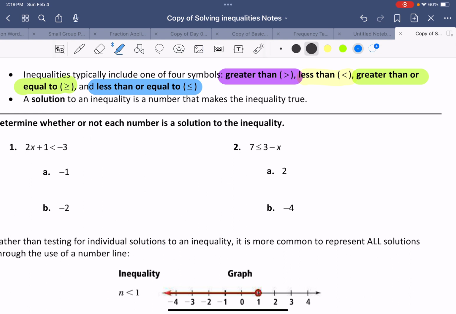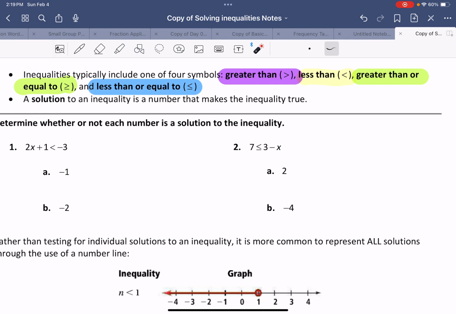If you remember back to elementary school when we first learned about these, greater than means that the number on this side is bigger than the number on this side. And we probably remember the little alligator, which wants to eat more of whatever's on one side.